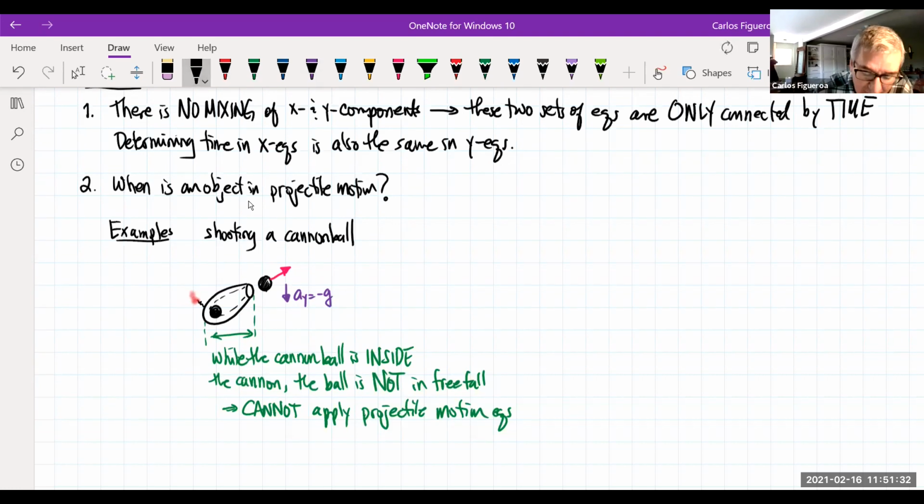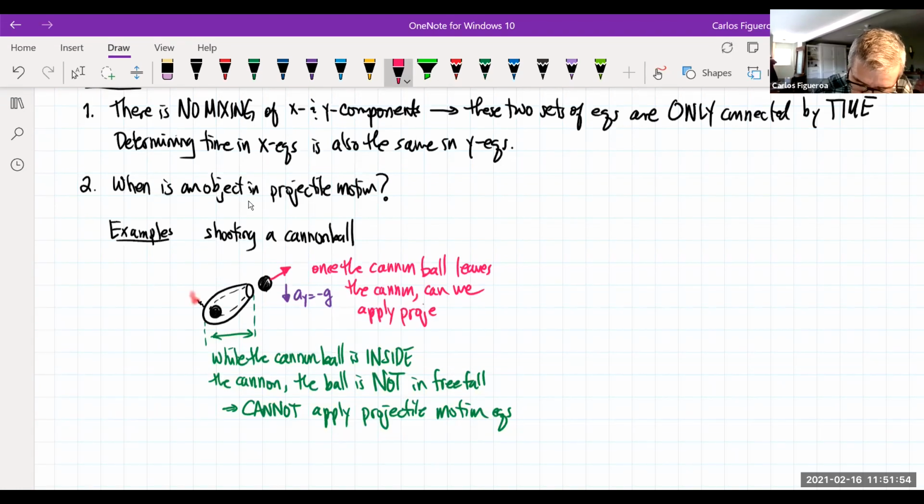So what we say here is that once the cannonball leaves the cannon, can we apply projectile motion equations? You have to be in free fall.